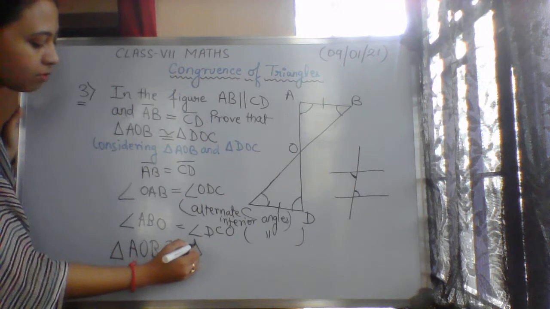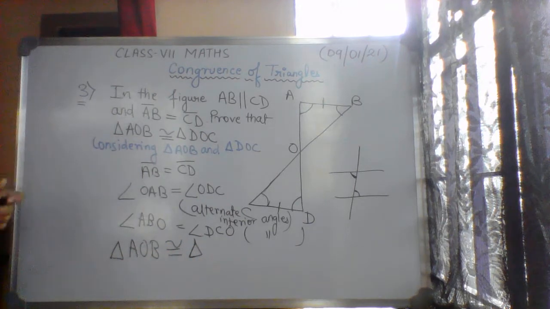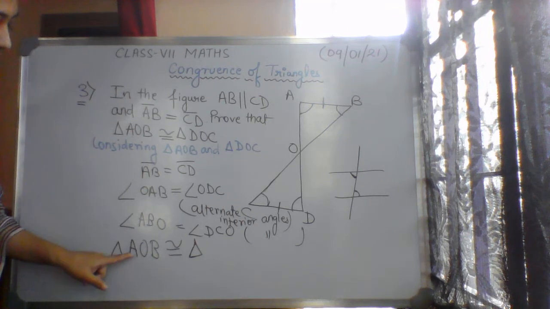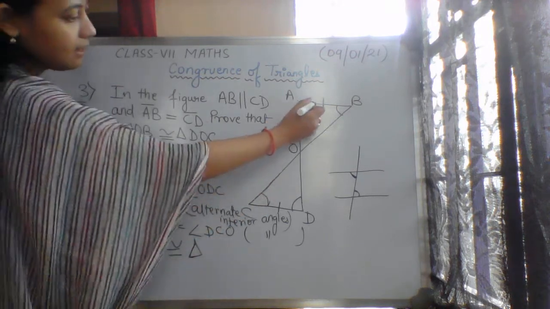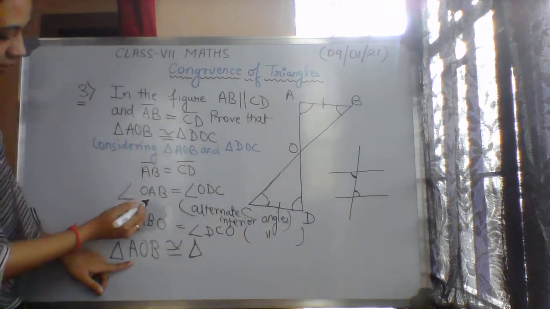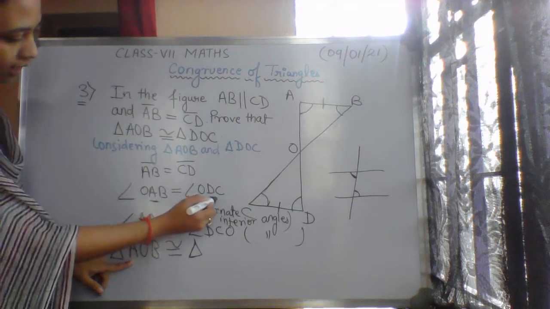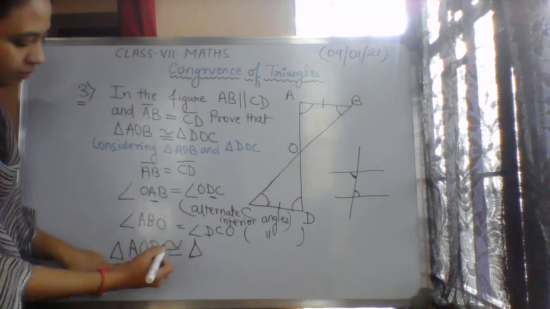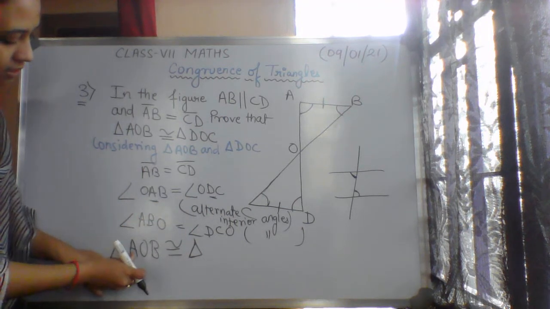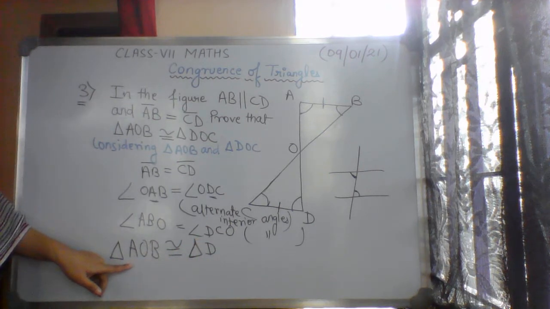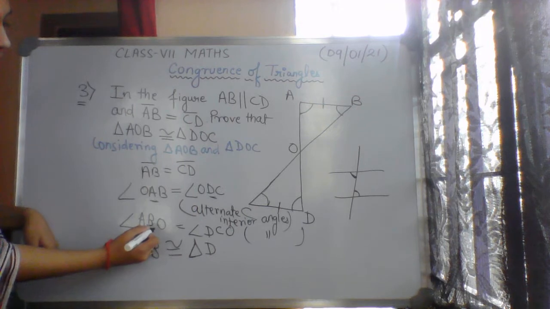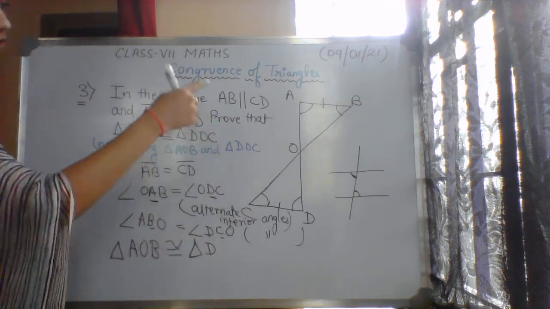Now try to write by yourself the name of that triangle, although it is given in the question. Angle A: which angle in this figure does A represent? Angle A is equal to angle D. A is written first, so D should be written first. Now angle B is represented by angle C of that figure.